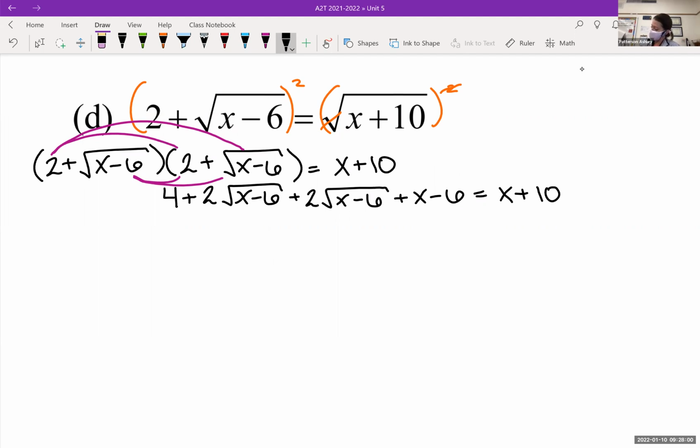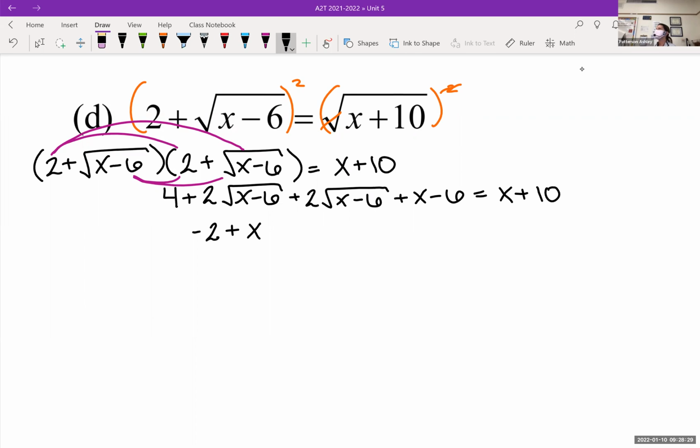We have a 4 and a negative 6, so we'll have negative 2 plus, there's an x. If we have 2 square roots of x minus 6s, and we add 2 more square roots of x minus 6s, what do we have? I heard it. 4 square root of x minus 6s, right?